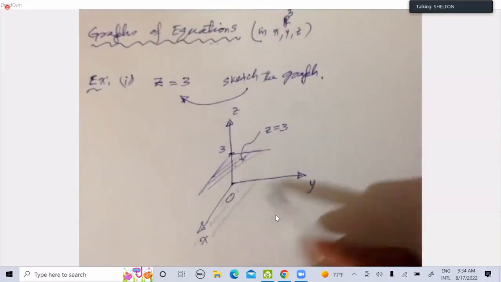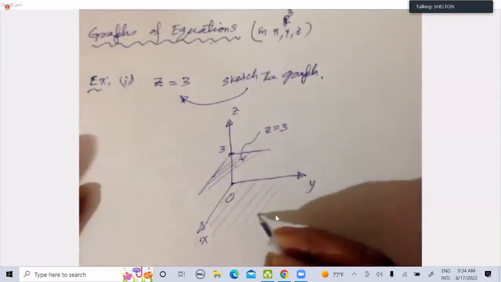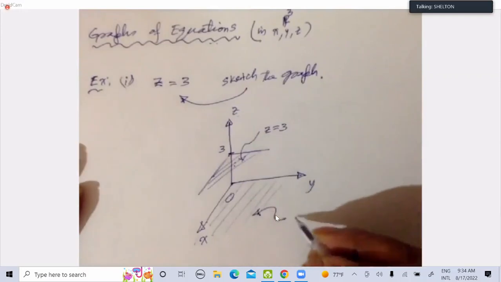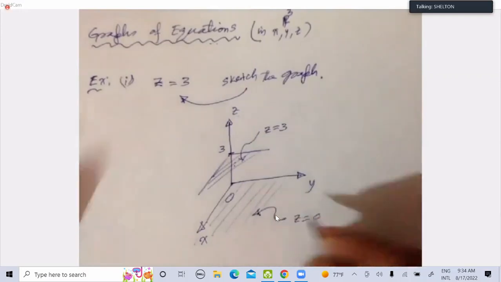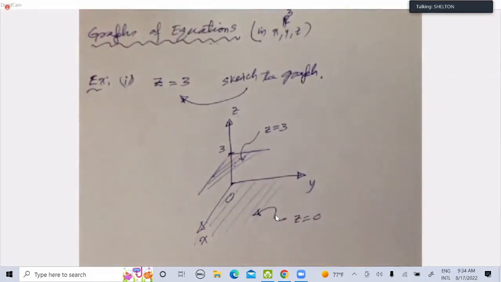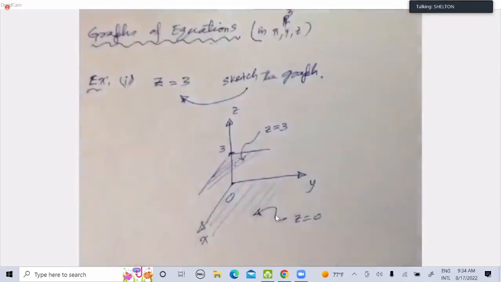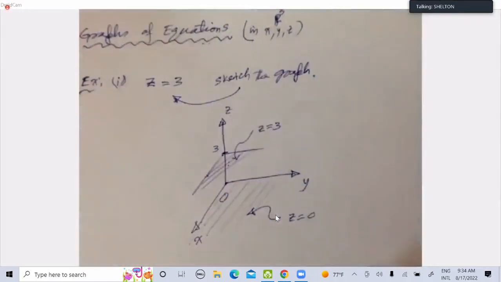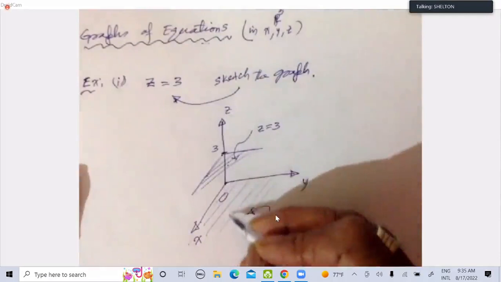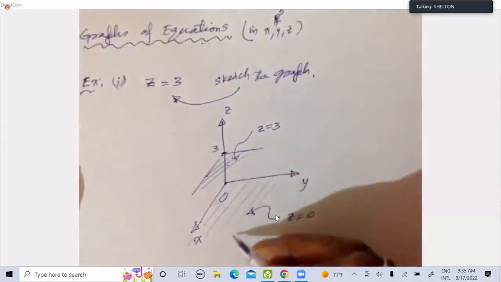What is the equation of the xy plane? z is equal to 0 at every point of the xy plane. So that is the equation of the plane. Now z equals 3 is a plane parallel to the xy plane. We have to lift this up by 3. If z is minus 3, then we have to go in the other direction and draw.